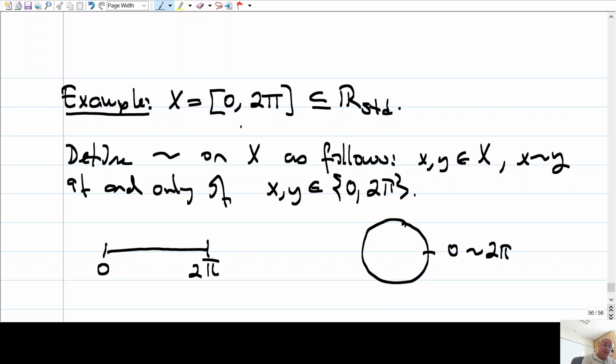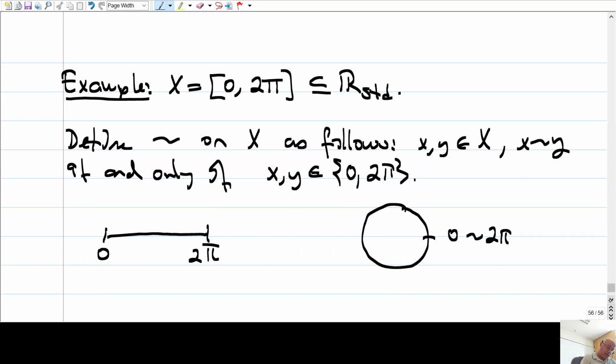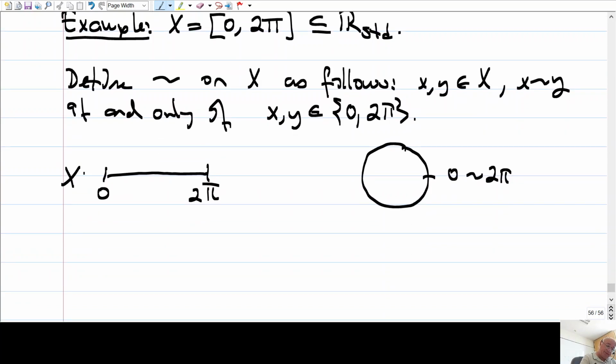What are the open sets of this quotient space? So this is my X. Here I have X over this. What are the open sets? So here I just identify the two ends, right? Okay, let me just draw like this, but keep in mind that these two points are identified.